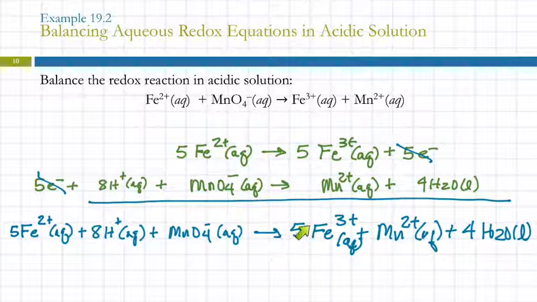If you check the charges, you've got 15 plus 2, 17 over here. 10 plus 8, 18, minus 1, 17. Good luck coming up with that, balancing this by inspection. Any questions?